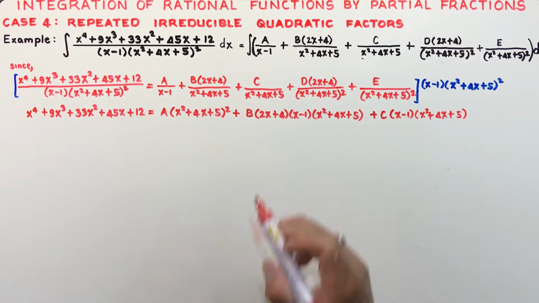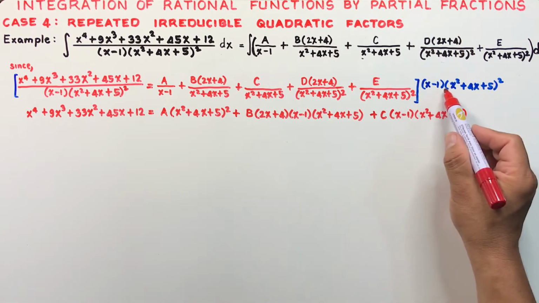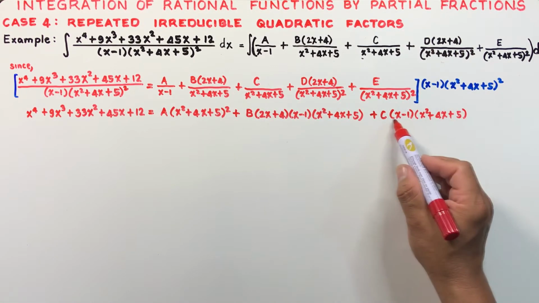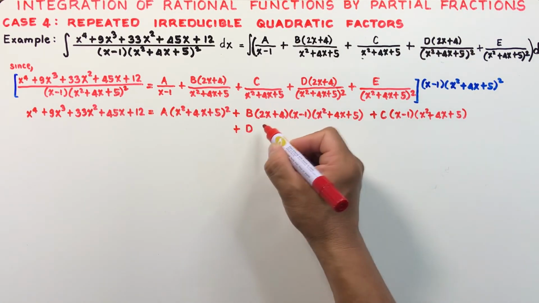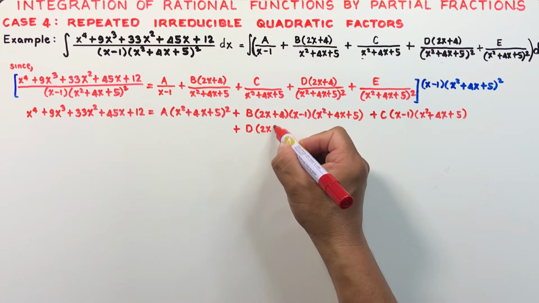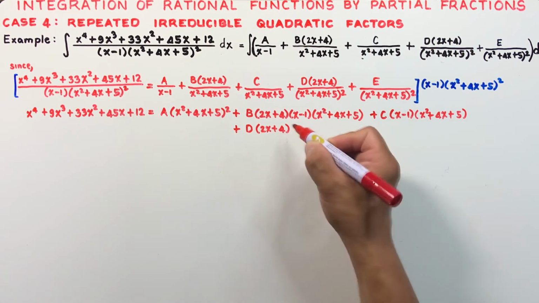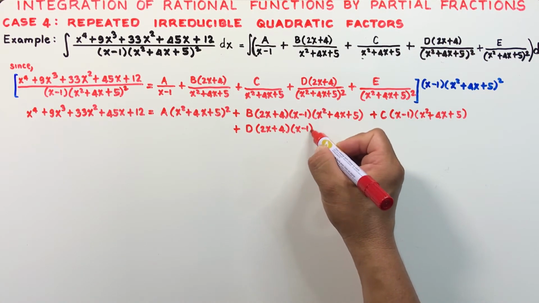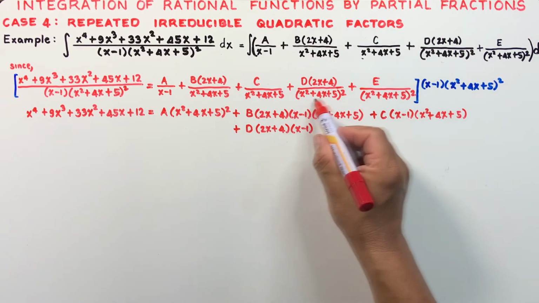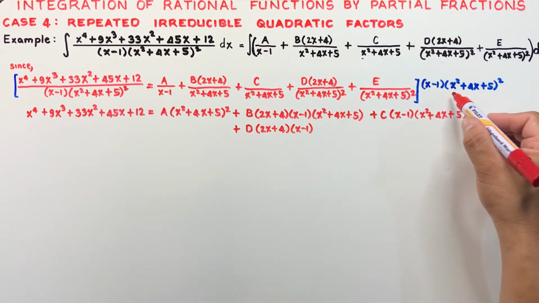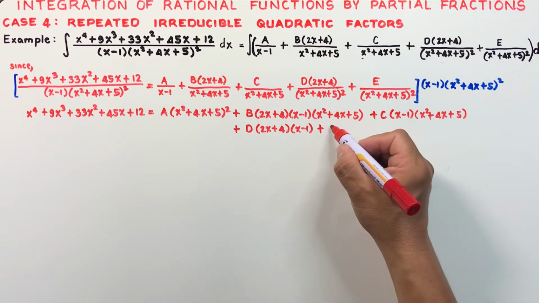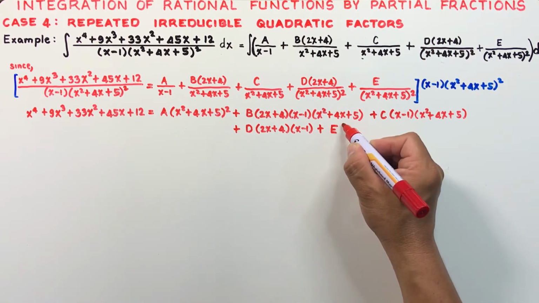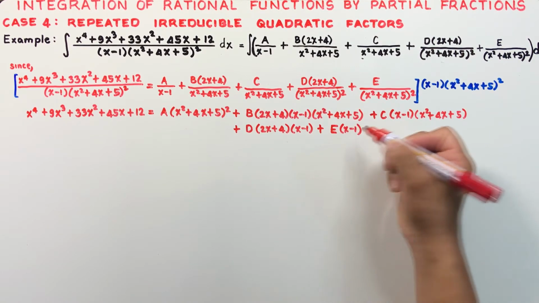So what remains is c times (x minus 1) with 1 quadratic here, and this is added to d times (2x plus 4) times (x minus 1), because the square of this quadratic cancels with the square of this quadratic, and this will be added to e times (x minus 1).